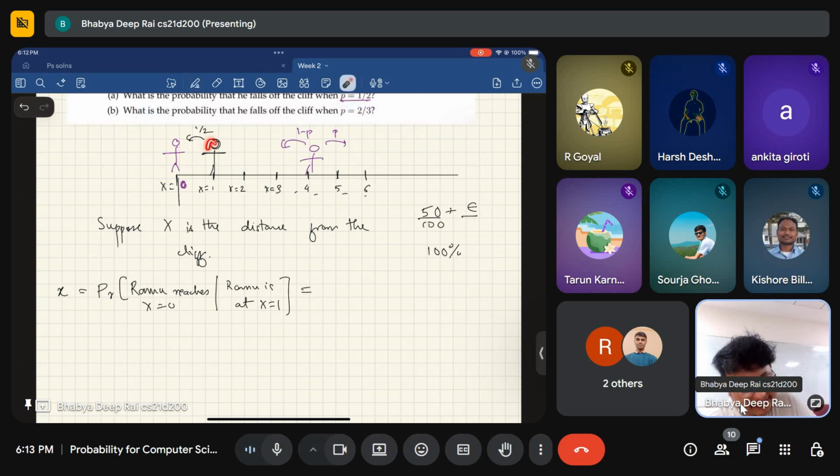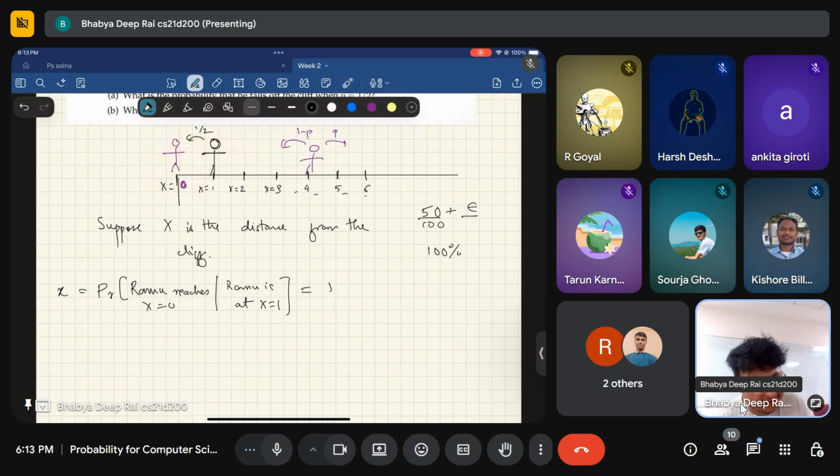Well, if Ramu starts from here, definitely with half probability he's moving left, half probability he's moving right. So with half probability he falls, so that is the probability that Ramu moves left, plus the probability that Ramu moves right, and not only does Ramu move right, so what does he do on moving right?